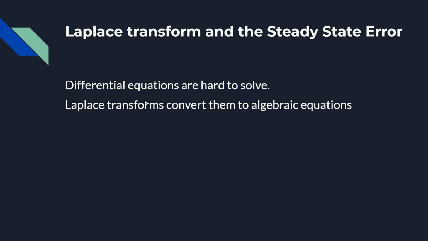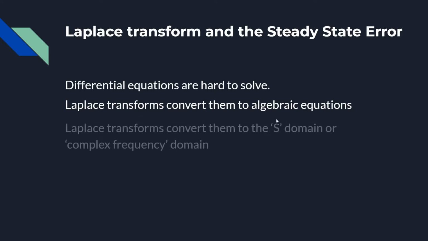If we had an integral, for example the integral of I dt, that would become 1 by s. So integrals become 1 by s and derivatives become s into whatever, and that makes it from a differential equation into an algebraic equation. So Laplace transforms convert everything from the time domain into the S domain or the complex frequency domain.